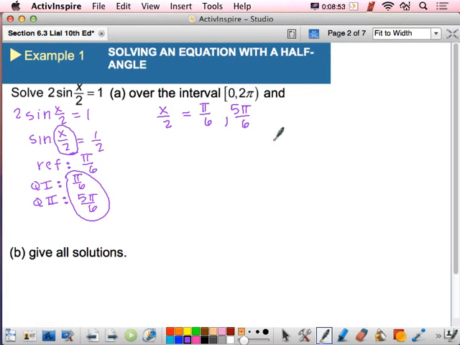So if I multiply everybody by 2, I get x equals 2 pi over 6 and 10 pi over 6, right? Which will simplify to pi over 3 and 5 pi over 3. That is what the solution set should be, right there.